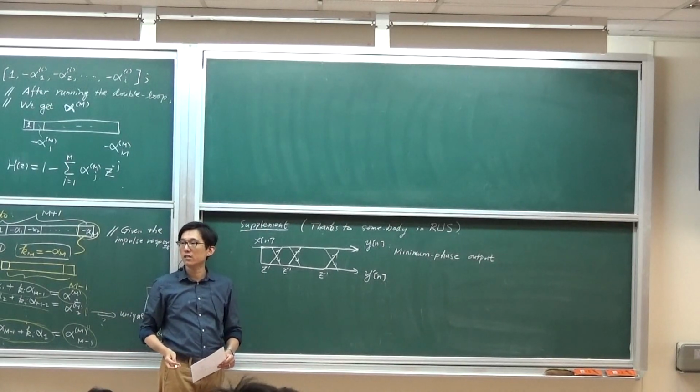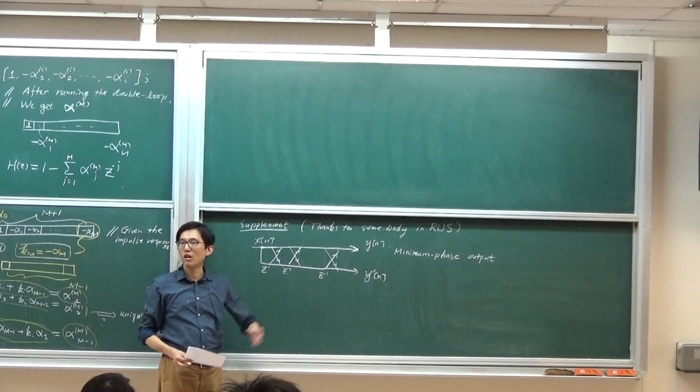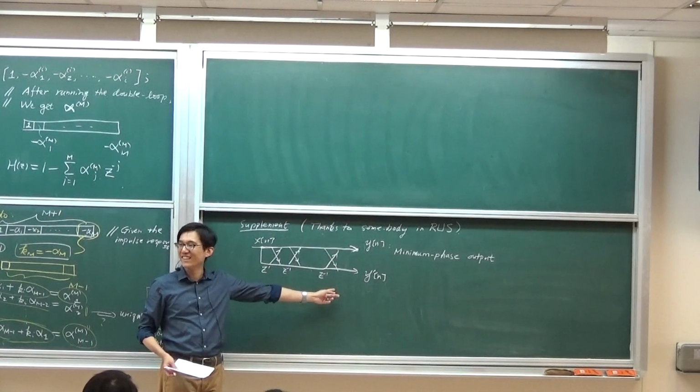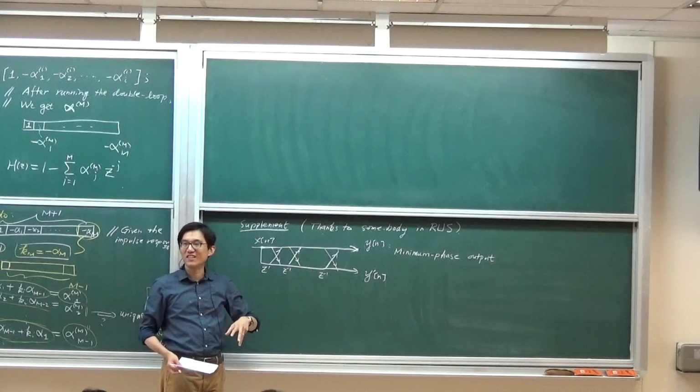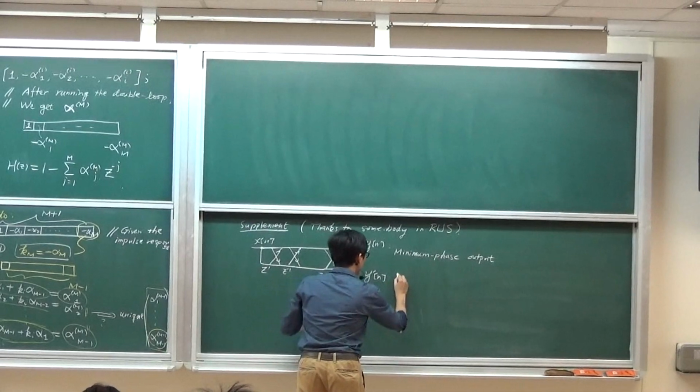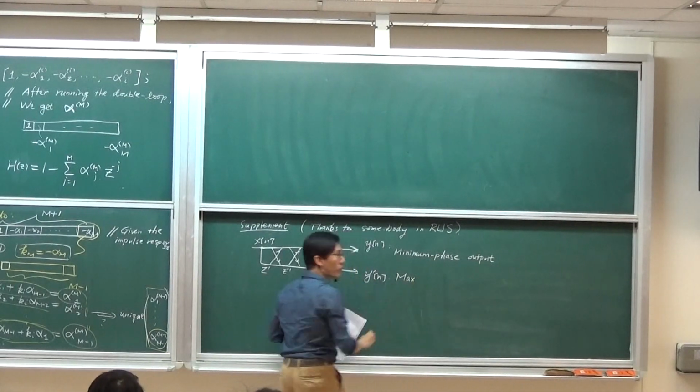You want to give a guess? If top is minimum phase, what is bottom? Minimum phase, all-pass decomposition, right? Wrong. The bottom is called the maximum phase output.